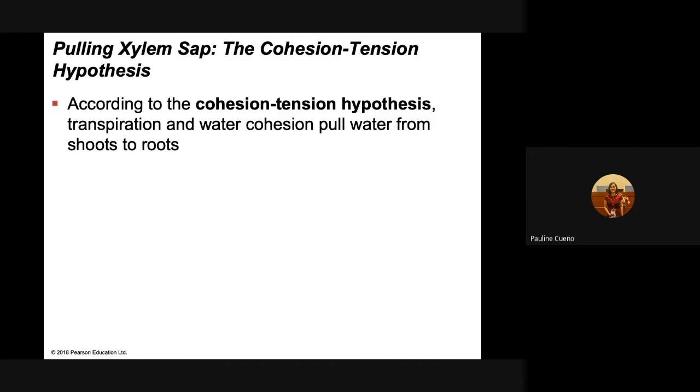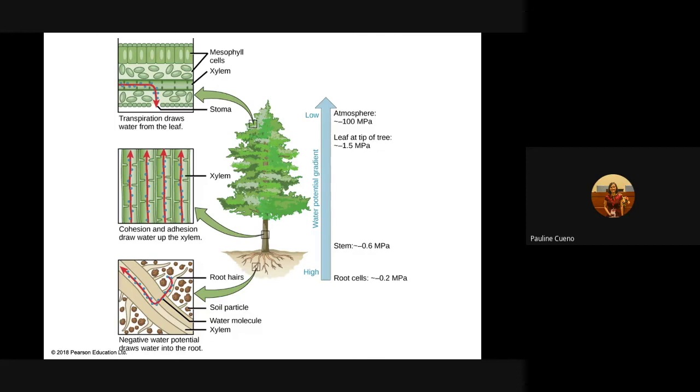What is transpiration? Transpiration is the process wherein water molecules evaporate from the surface of the leaves. Okay, that is transpiration, the evaporation of water molecules from the leaves. So for these leaves not to dry out, they need a continuous supply of water, and that's what the cohesion-tension hypothesis explains. So, what happens in the cohesion-tension hypothesis?